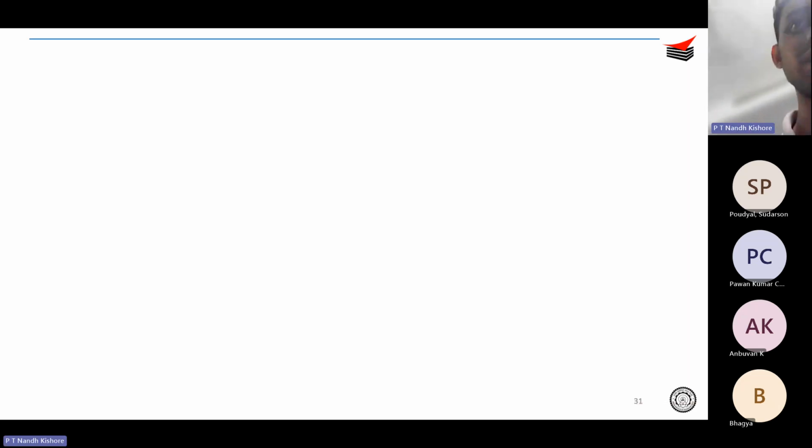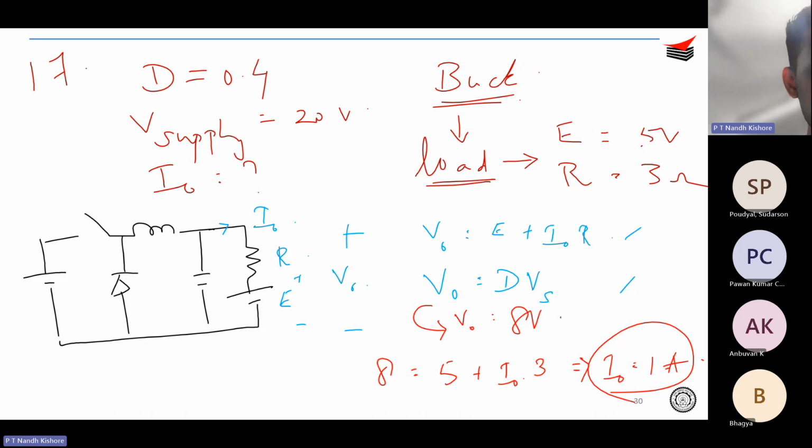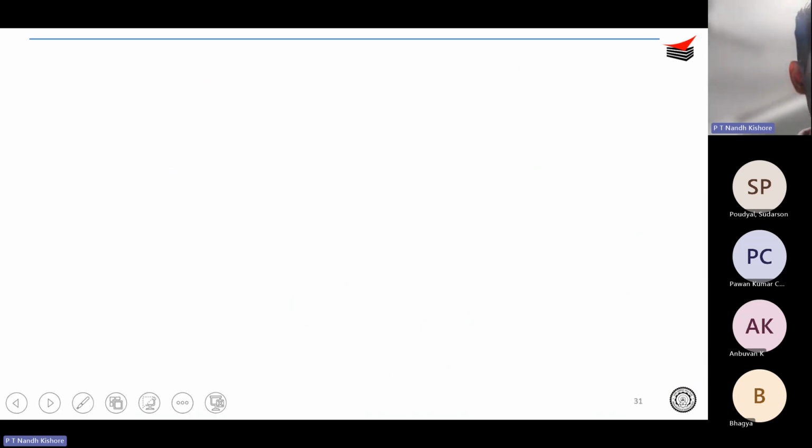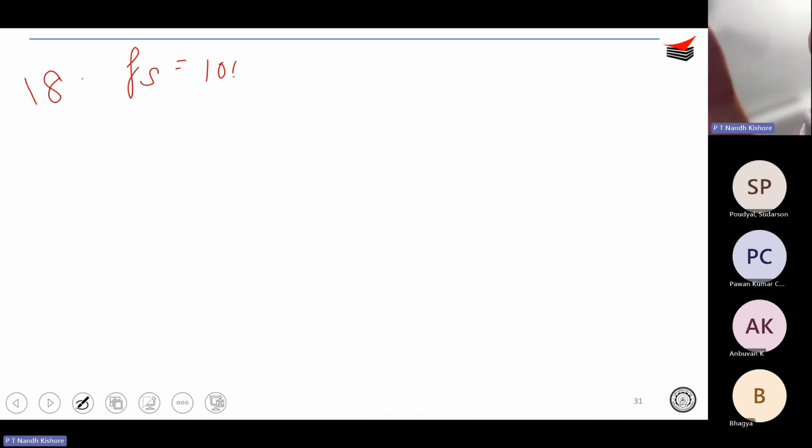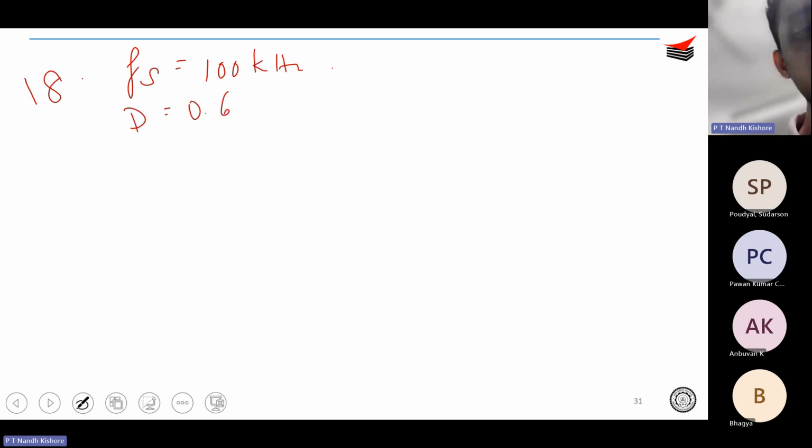So this question is an interesting question, this particular one. You have a buck converter which is operating at a switching frequency of 100 kilohertz, and the switch of the buck converter is operating at a duty of 60% or 0.6.